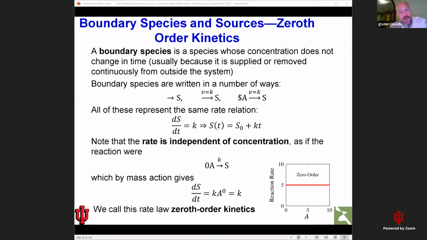In the old days, when I taught this course, I used that boundary species a lot. These days, I don't tend to use it so much. Again, it shows up in metabolic reactions more. It's not such a useful concept in signaling and gene regulatory networks. In any case, just the way first order decay gives you exponential decay of the chemical species, zeroth order creation means that the amount you have goes up linearly. Okay.